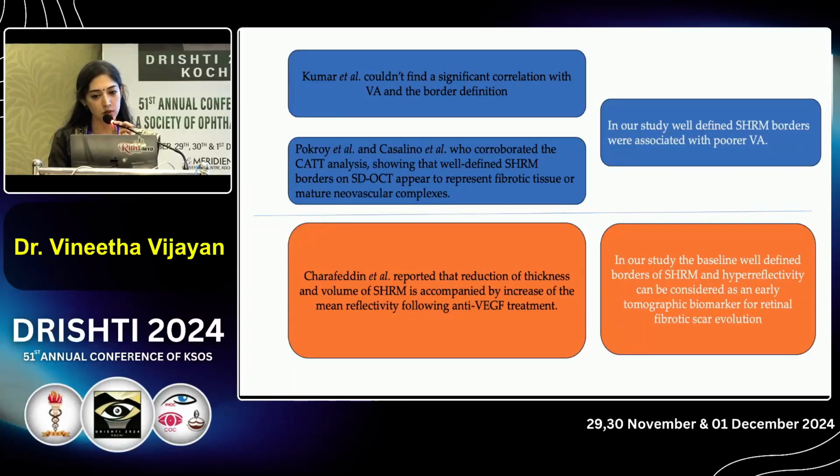In our study, well-defined SHRM borders were associated with poor visual acuity, and Shafareddin et al. reported the reduction of thickness and volume accompanied an increase in the mean reflectivity following the anti-VEGF therapy. In our study also, the hyperreflectivity was associated with poor visual acuity and was a topographic biomarker for retinal fibrotic scar evolution.